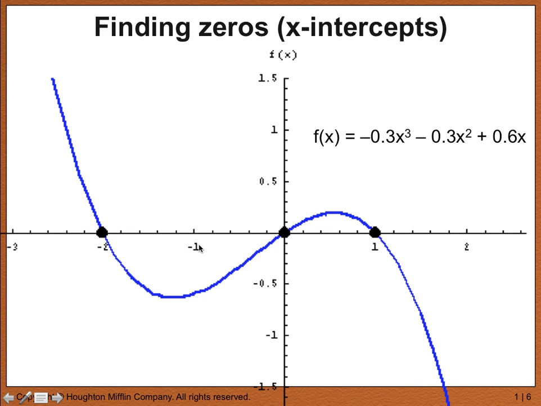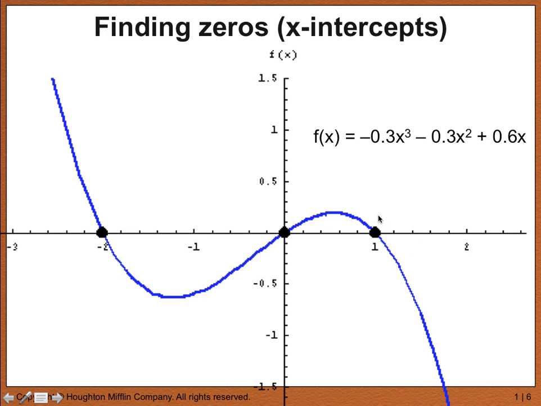These are the zeros. Negative 2, which I'm circling now, is a zero. Another zero is the point 0 at the origin, and another zero is 1. These are x-intercepts.